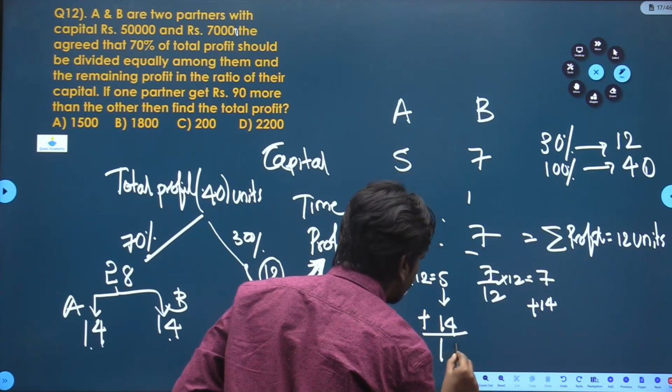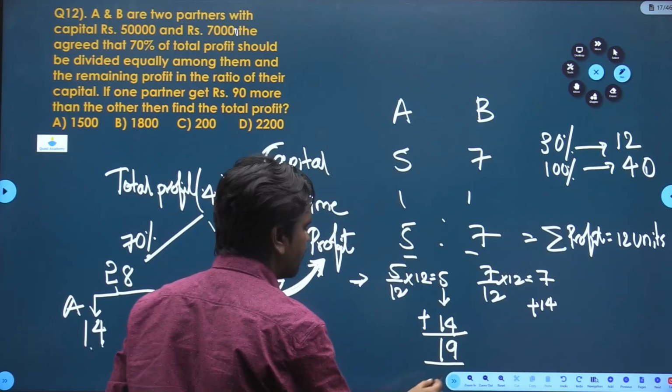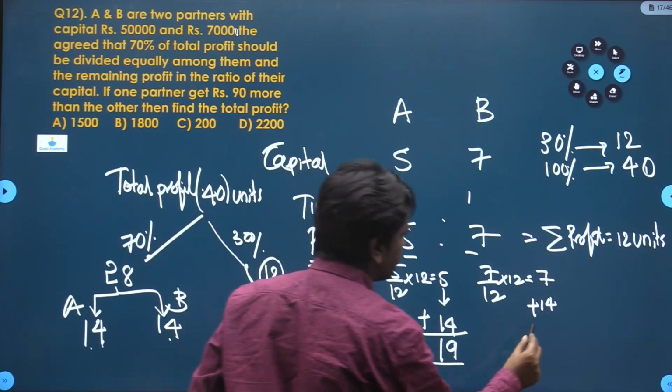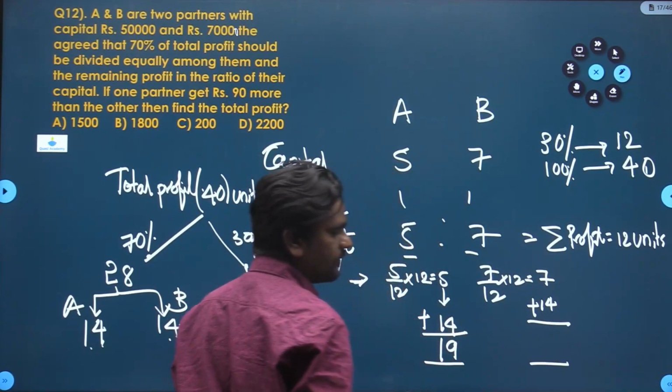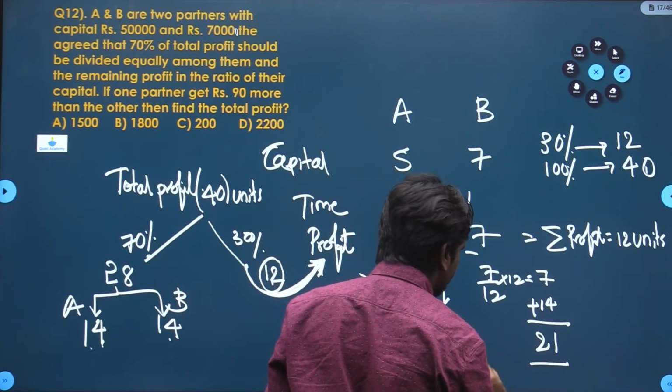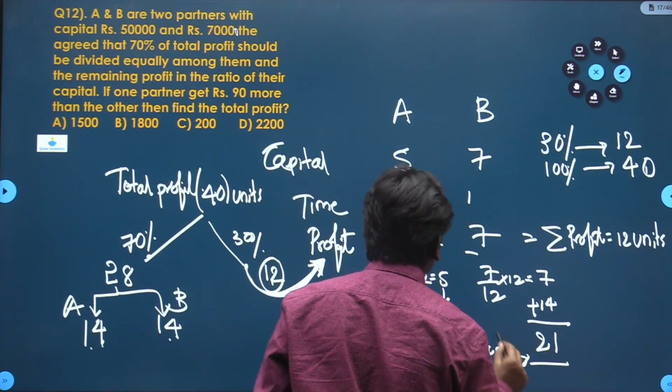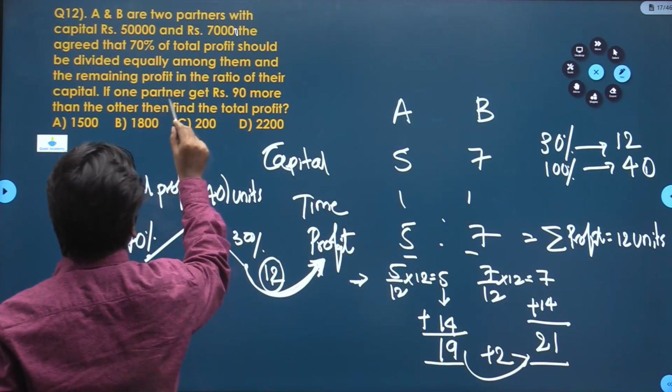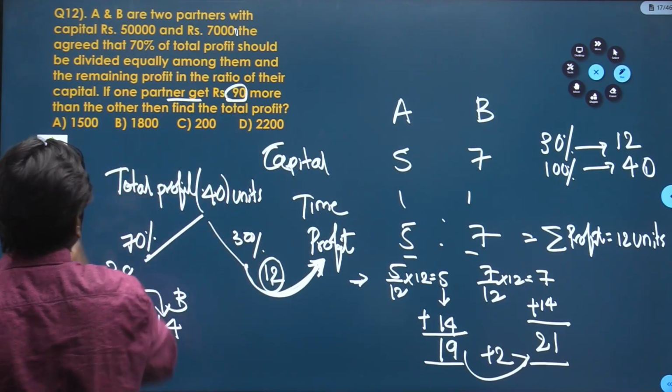So how much total profit is received by A? 19 units. How much is received by B? 21 units. So the difference is 2 units. In the question it is said that one partner gets 90 more than the other.